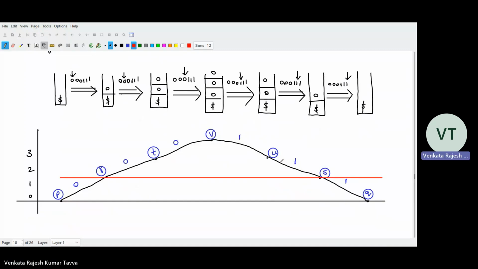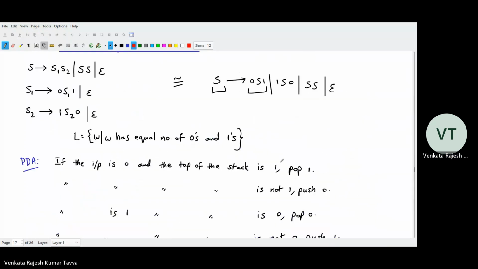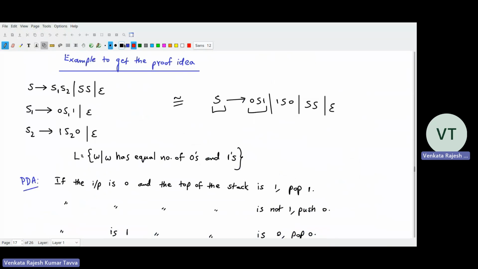Okay. Other way of putting it is, if I have a grammar, now coming back to these rules. So suppose, if you remember the previous example, S goes to 0S1, and again this S goes to 0S1, and say this S goes to epsilon.